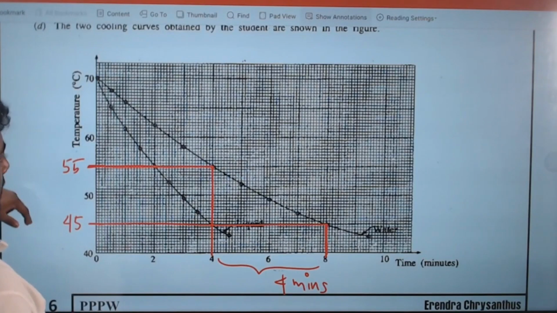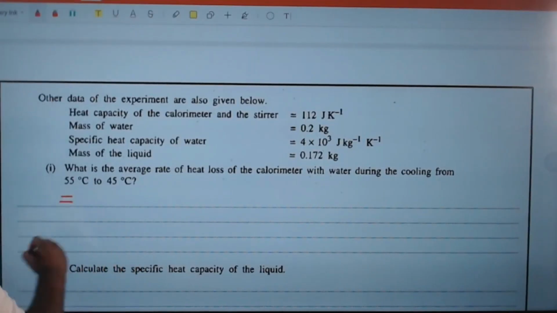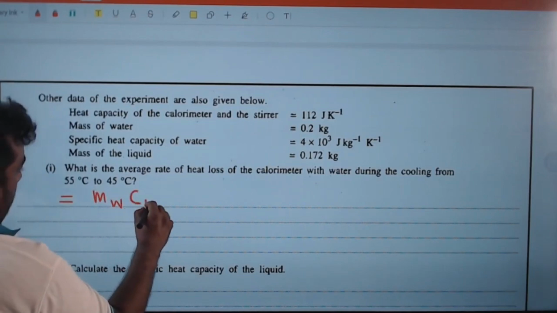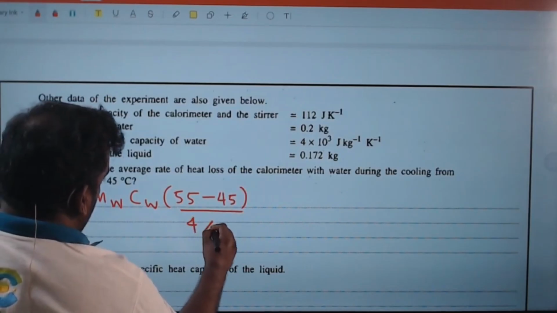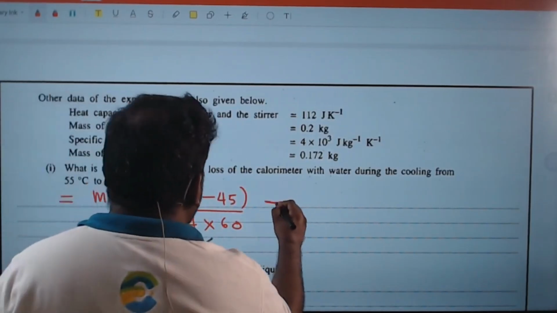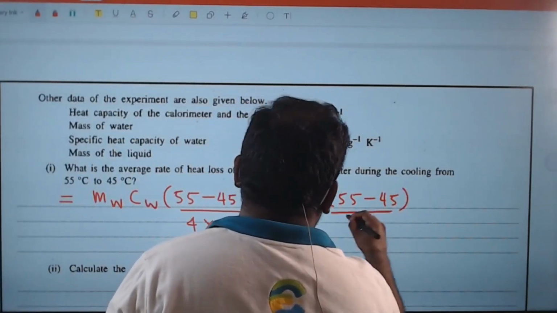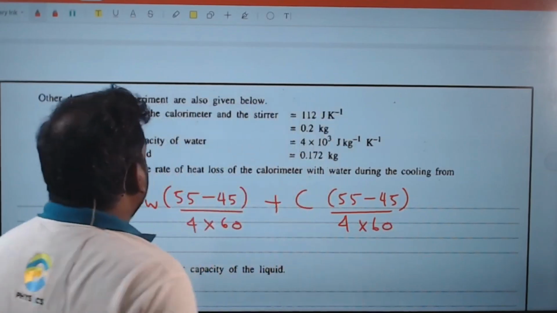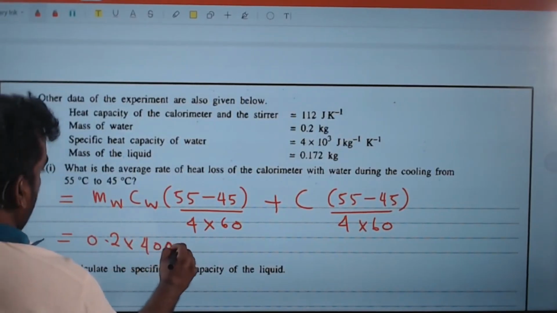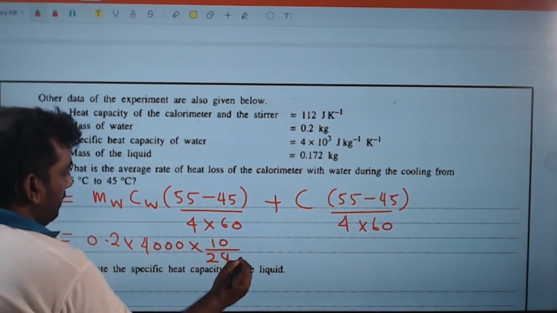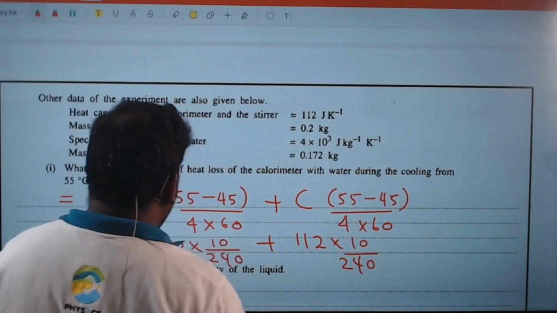So the average rate of heat loss. Heat loss by water, 55 to 45, 4 minutes. Convert to seconds. Heat capacity C of vessel, 4 minutes into 60. Mass of water 0.2. 112 into 10 divided by 240.